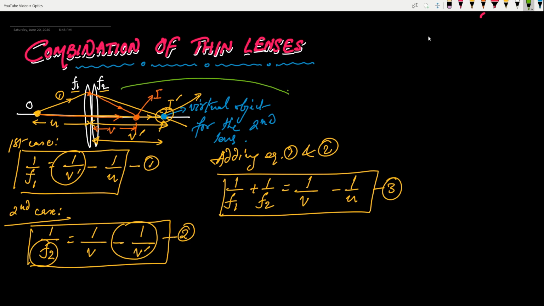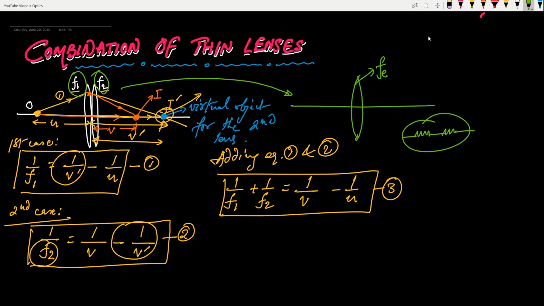If we replace this combination of thin lenses like this, so this is the combined lens, and we can say that the focal length is Fe, that is the combined focal length of this lens and this lens. Similarly, as we have learned earlier in physics, this is resistance and this is resistance, we can combine these two resistances and write this as a single resistance and name it the equivalent resistance, isn't it?